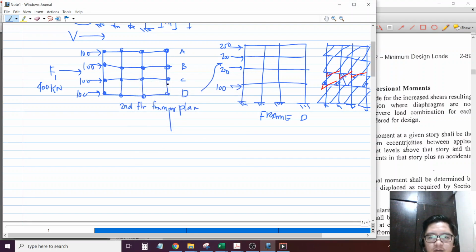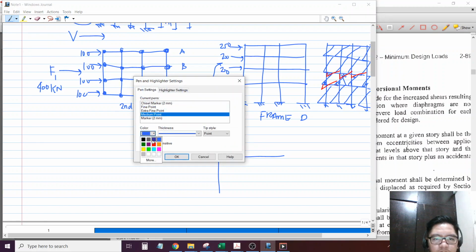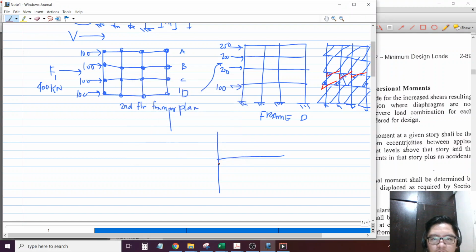Okay. So, kung ito yung aking joint ng column and beam, at ito yung aking moment diagram ng column, dapat ang moment diagram ko ng beam, something like this.